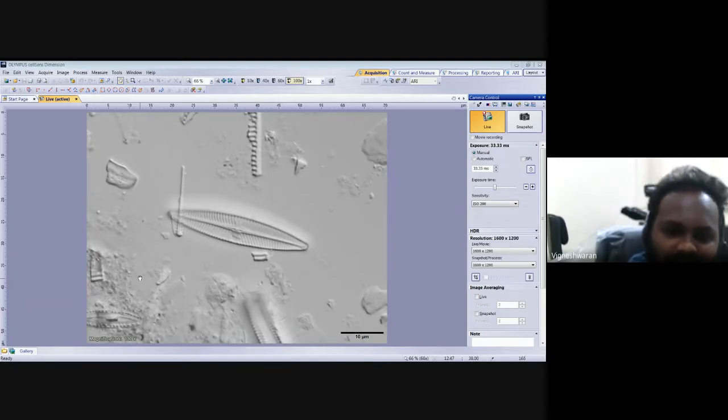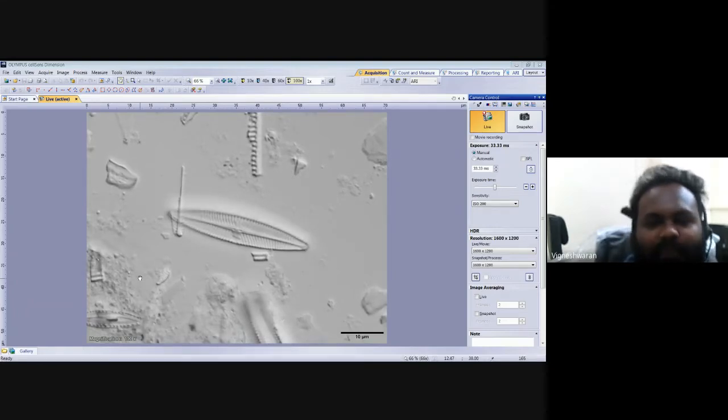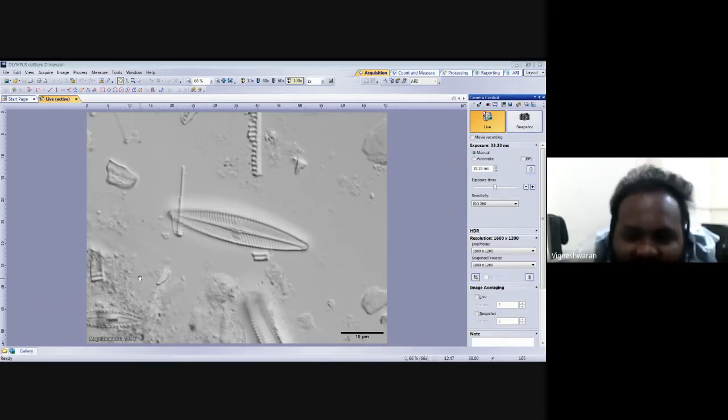You might have asked why we have to count only 600, why not 100 or 200? There is something called the species saturation curve in ecology, whatever study you take. We have to have a defined study area. It should be randomly sampled, and there should be some study unit.